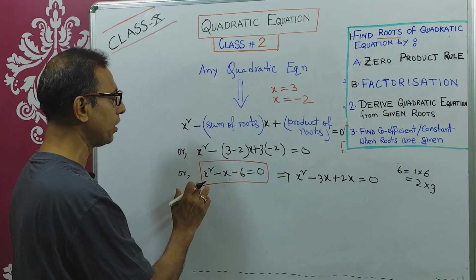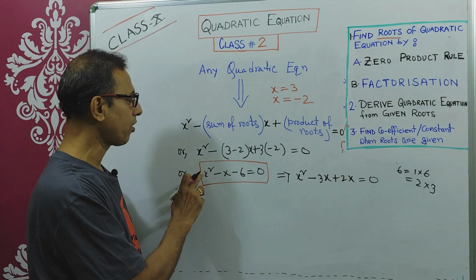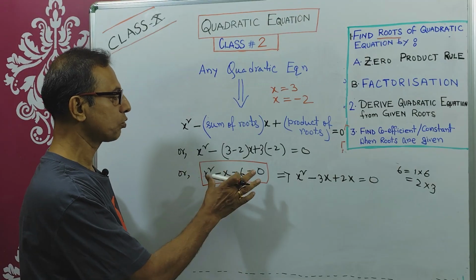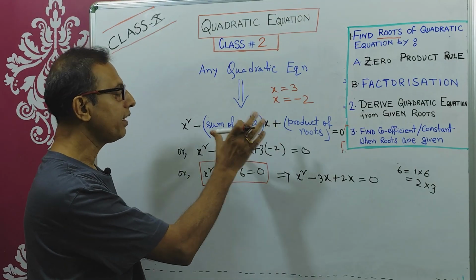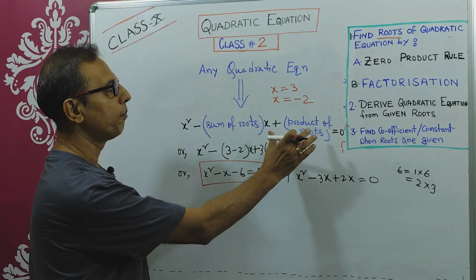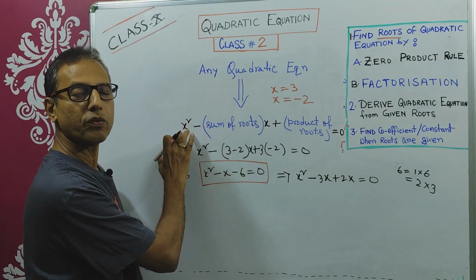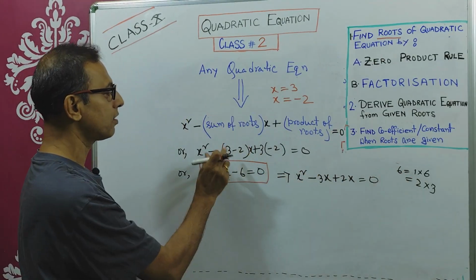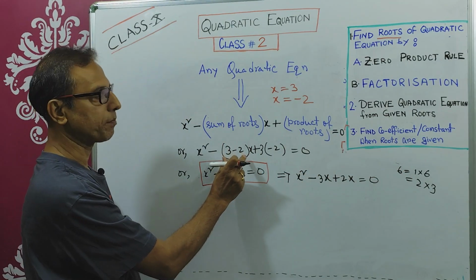Therefore, what I told you, sometimes the coefficient of x square may not be 1. It could be any value. So this is why I said to multiply the constant and the coefficient of x square, then factorize and use those factors to break down the bx part, right?